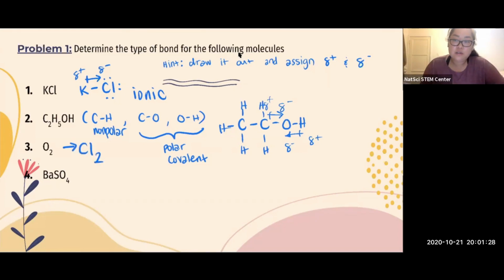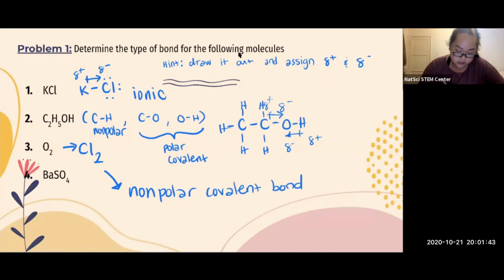Earlier we said Cl2 is nonpolar. It's a nonpolar covalent bond, again, because your electrons are being shared equally. There's no unequal sharing. So oxygen and oxygen are sharing electrons equally between each other. It can be a double bond or single, it depends.